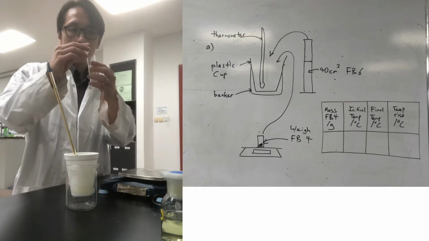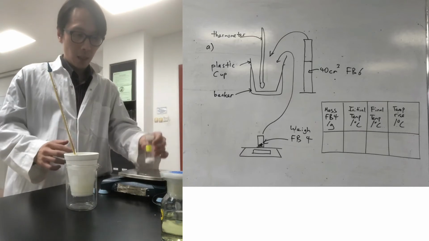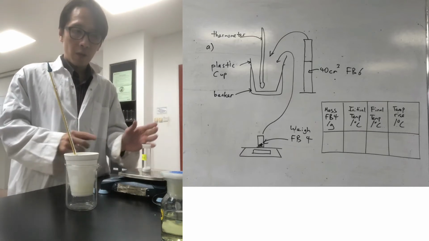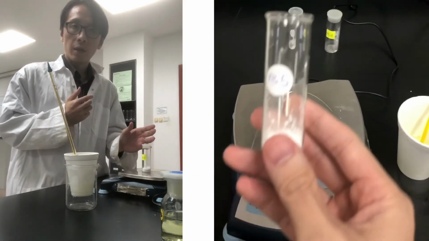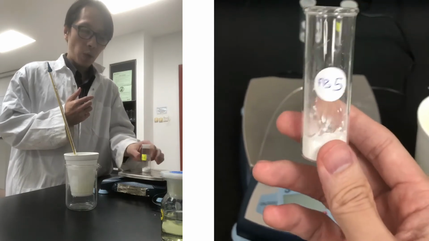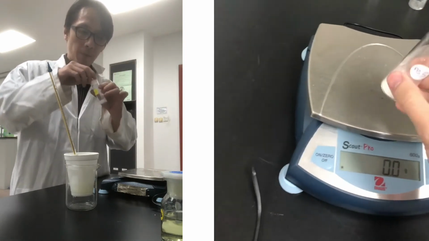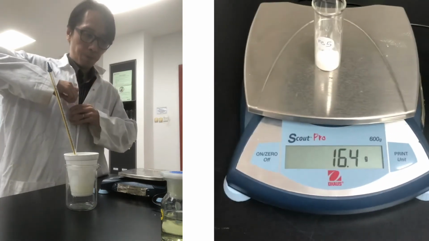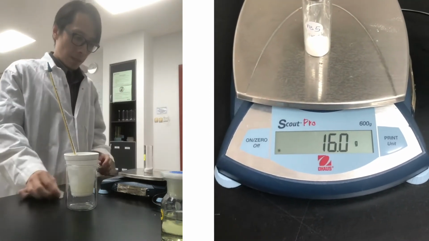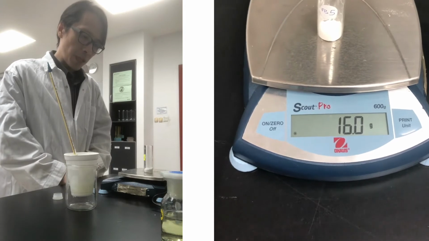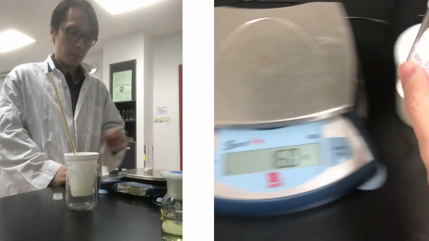So some students may take the mass with the lid. If you do it that way, after you transfer the solid into the plastic cup, you will have to weigh the empty stoppered tube as well, so with the stopper. So I'm going to do it without. And my mass is 15.4 grams.